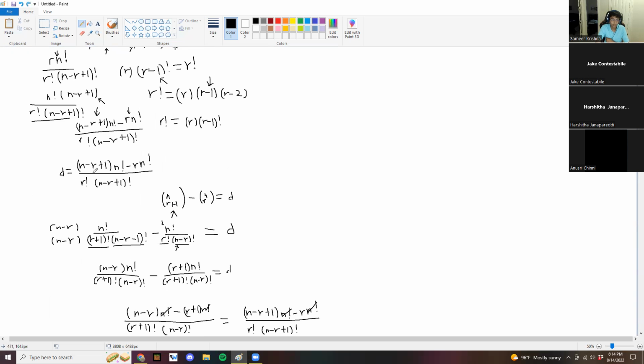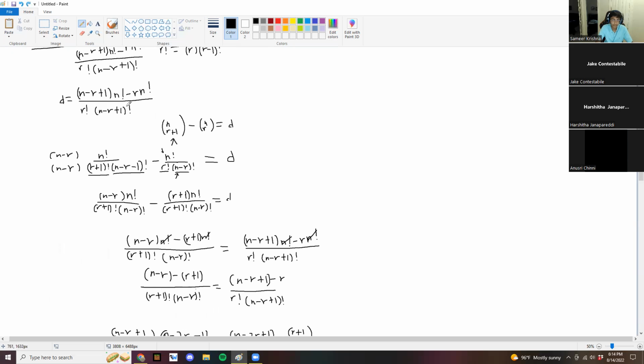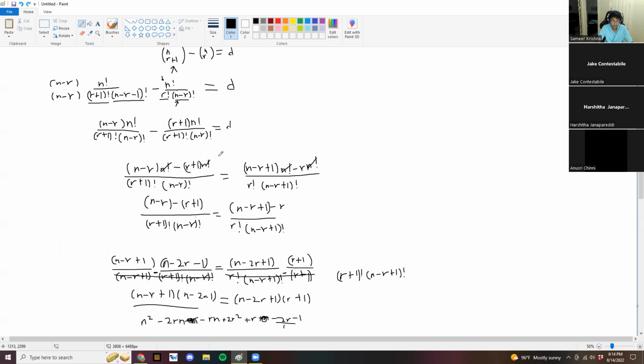So then we could put d equals that. That's our first value of d. Since it's arithmetic, n choose r plus 1 minus n choose r has to equal d as well. So we factor that out, and we get our d value, this right here, I think.